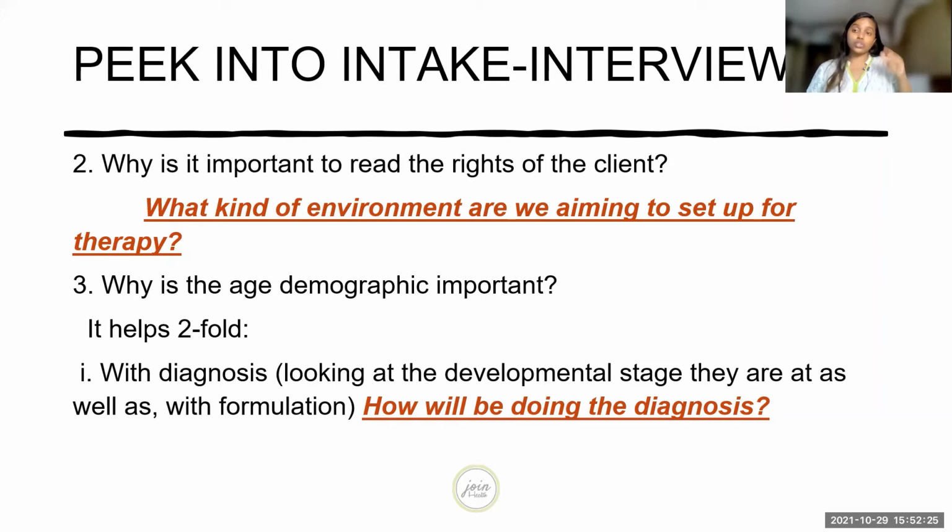Why is age important? At this juncture, I want to talk about why in the first session, oftentimes you try to get the age down. It helps twofold with diagnosis. Because we also want to look at the developmental stage that somebody is at when they come and present with a problem, right?